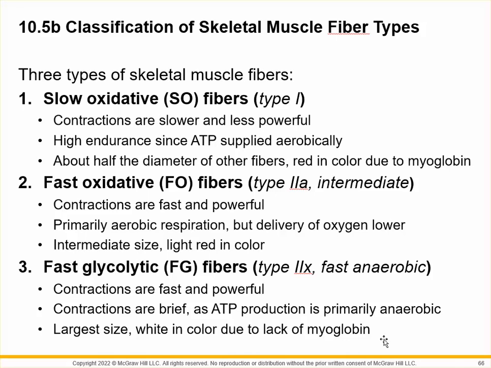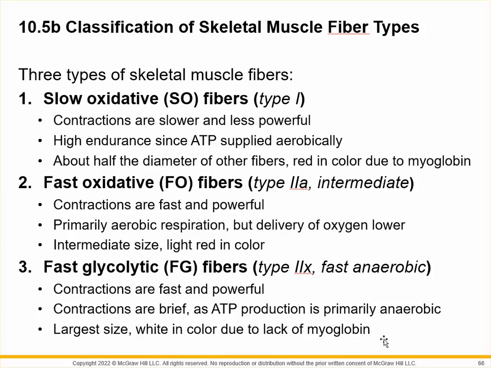But slow oxidative fibers make a lot of sense. These are high endurance, aerobically charged, red, myoglobin full, mitochondria full fibers. These would be your postural muscles. These would be your gluteus and muscles like that. They're the type 1 fibers, slow oxidative.